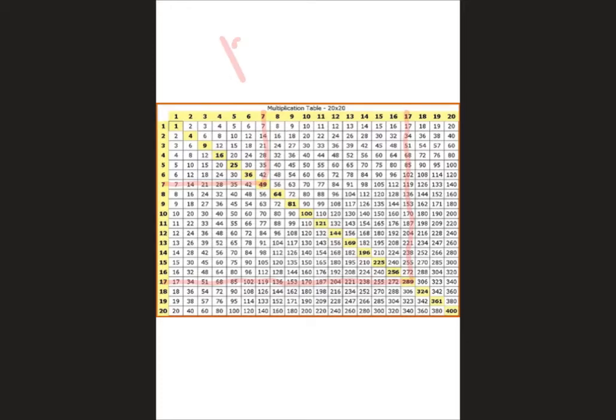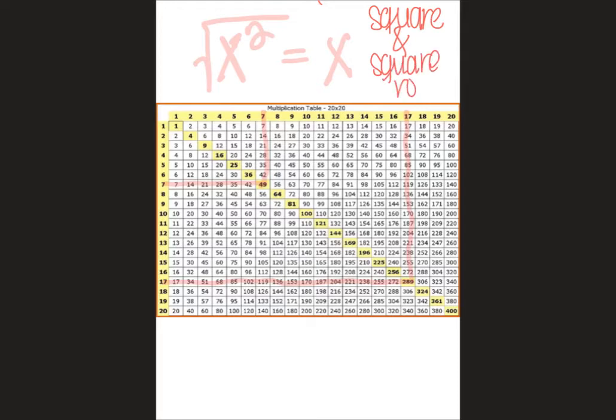So if I take the square root of x squared, that just equals x, which means the square and square root are opposite and cancel each other out.